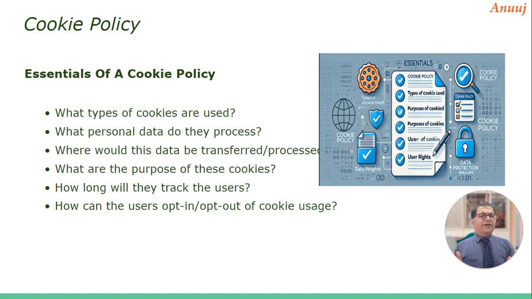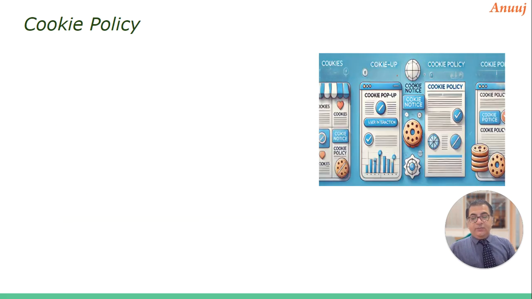Cookie consent is not a cookie form, it's a cookie pop-up that comes on a website and says, this is how I am capturing and this is the consent I need from you. And we'll come to that in a couple of slides about how a cookie policy is different from pop-ups and notices. And a very big essential of data privacy: how can the user withdraw his consent at any point in time, right? So consent withdrawal is very important.